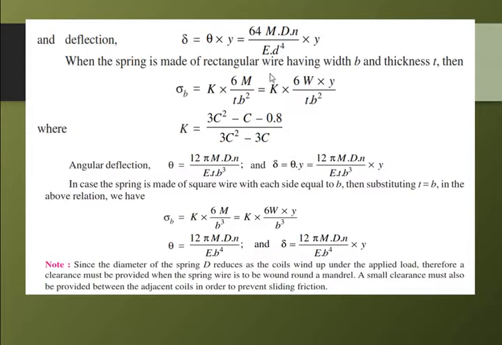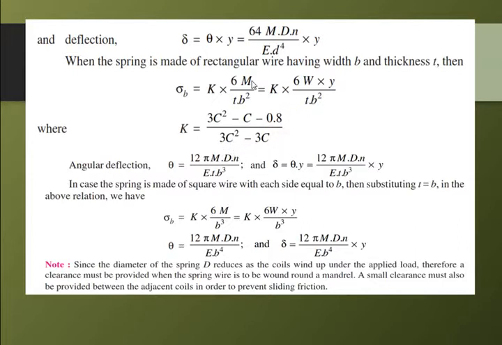When the spring is made of rectangular wire having width b and thickness t, then sigma b is equal to M by (t b² / 6), and this M is equal to W into y, and this K will be (3c² − c − 0.8) / (3c² − 3c).